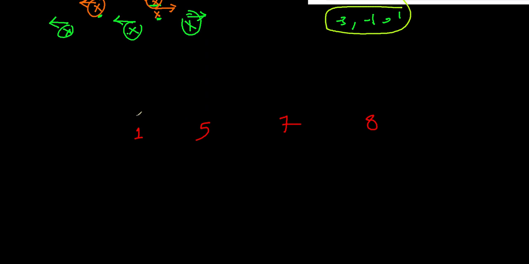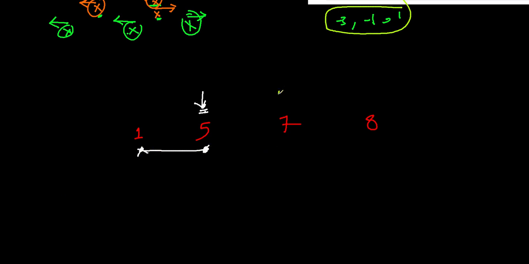So what we need to do is, let's say we start at this index, we calculate all the pairs ending at this index, and there will be one pair.